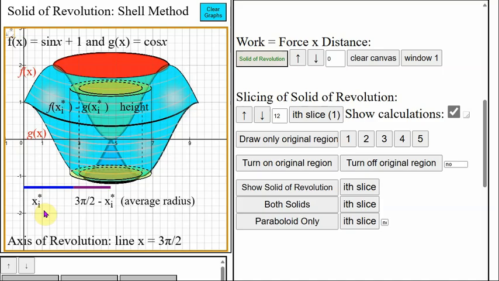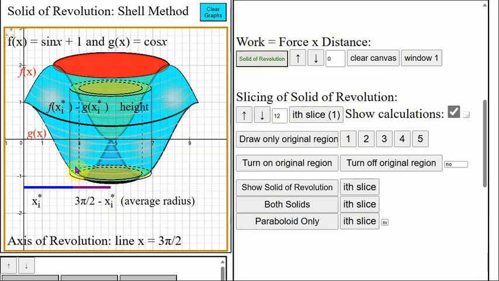And the distance from the y-axis to here is 3 pi over 2. Therefore, the radius for this ith shell will be 3 pi over 2 minus x sub i star. And that's going to be the average radius for this ith shell.